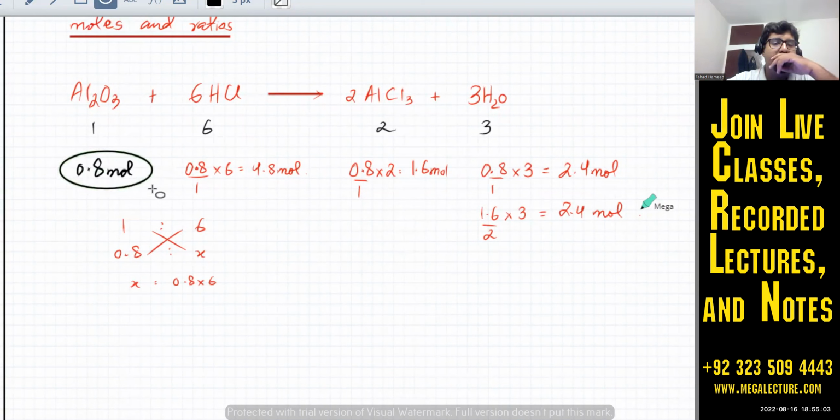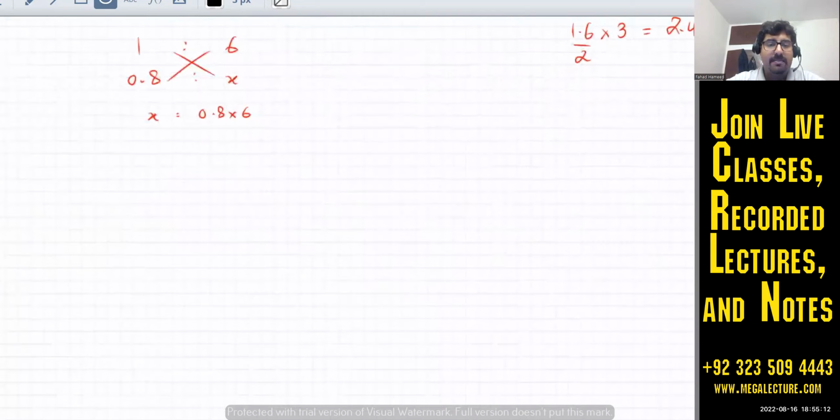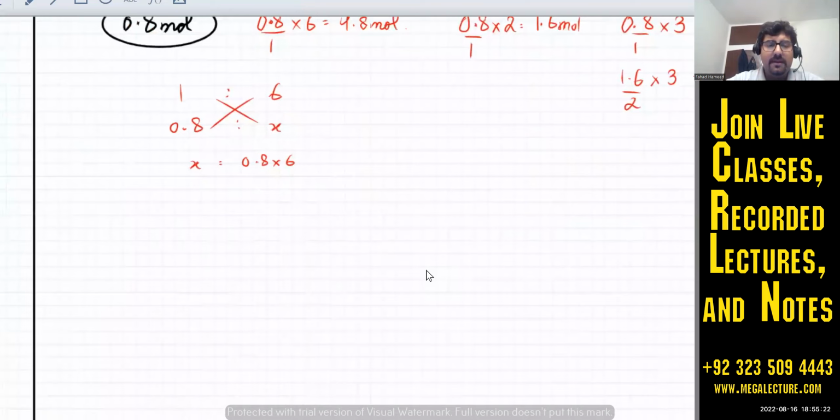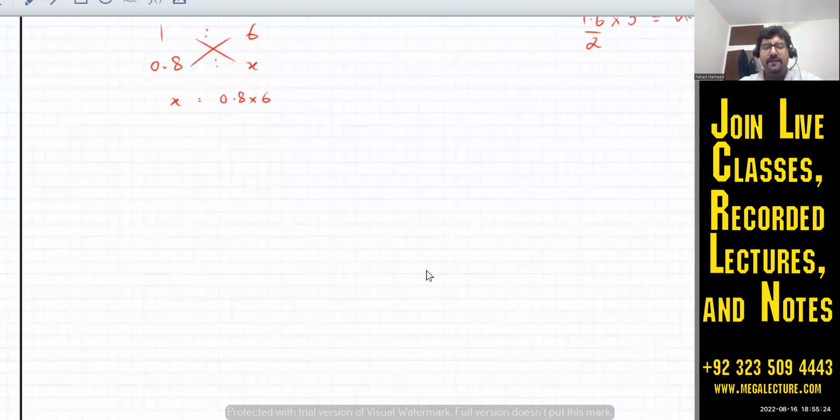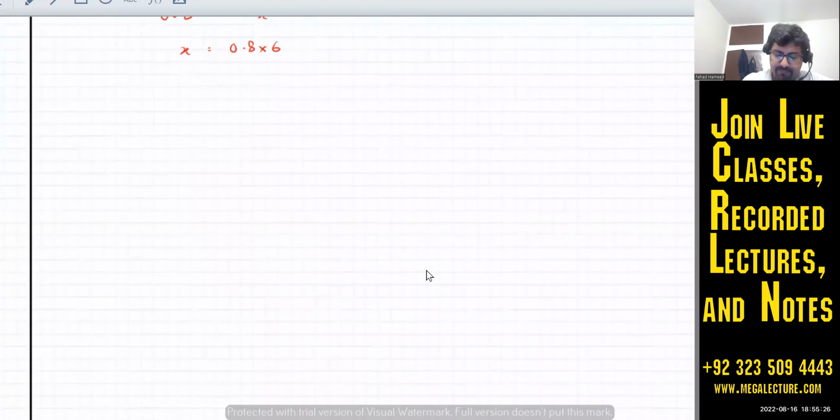The question was, how did I know that I had 0.8 moles? So we started talking about formulas, and specifically I talked about how do you count moles, because the quantity is so big. We did the first formula, which was moles equal to mass divided by the molar mass.